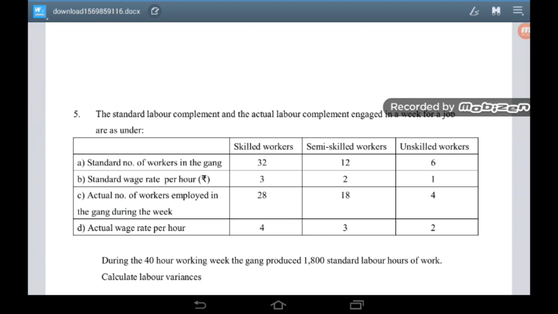Standard wage rate per hour 3, 2, 1. Actual number of workers employed in the gang during the week 28, 18, 4. Actual wage rate per hour 4, 3, 2. During the 40-hour working week, the gang produced 1,800 standard labor hours of work. Calculate labor variances.